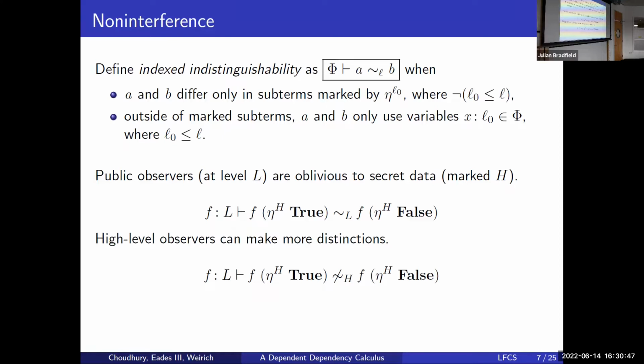So this is my basis that I'm going to use to define when things are equal up to some observable level. And this is not really a new idea. A lot of security type systems have this idea of defining an equality that's indexed by an observer level.